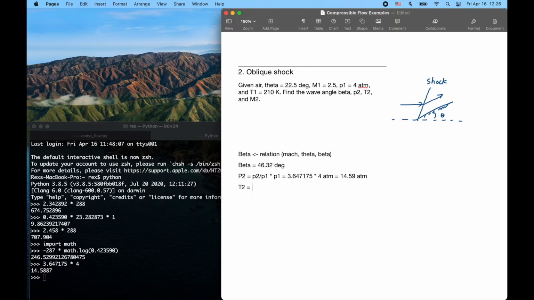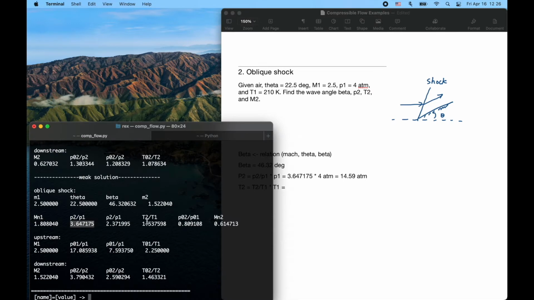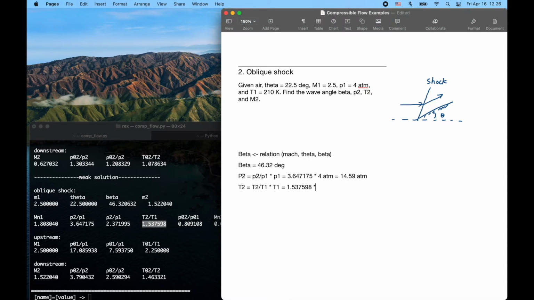Next, temperature 2 equals T2 over T1 across the shock wave times T1. This temperature ratio can be found here, times 210 K.